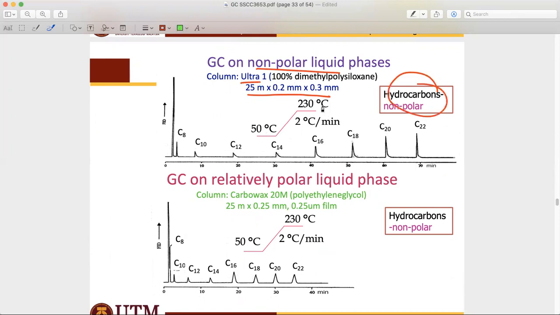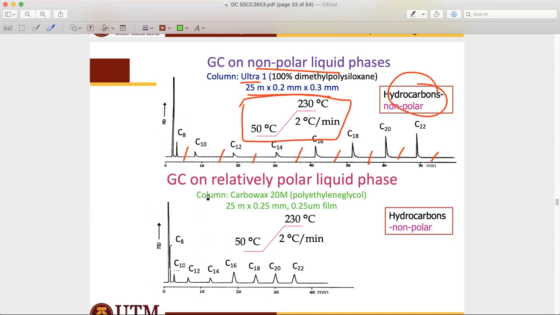You will see that it employs temperature programming here. Okay, so 50 Celsius, and then you increase up to 230 Celsius for 2 minutes, 2 Celsius per minute. You would see that the separation happens according to number of carbons, isn't it? So C8, we would definitely think that C8 would elute first because it has the lesser number of carbon, meaning that it has the lower boiling point.